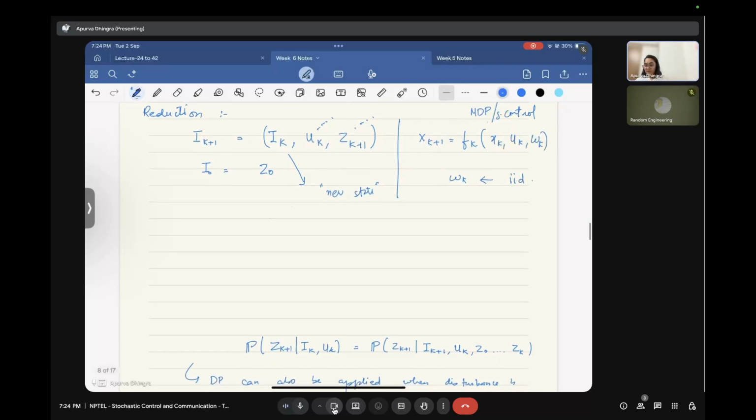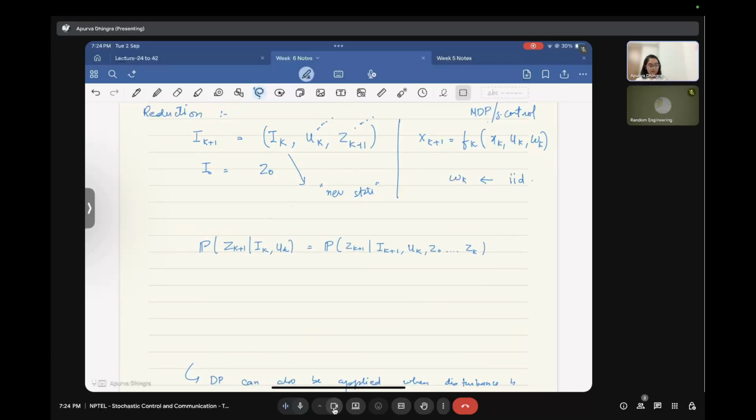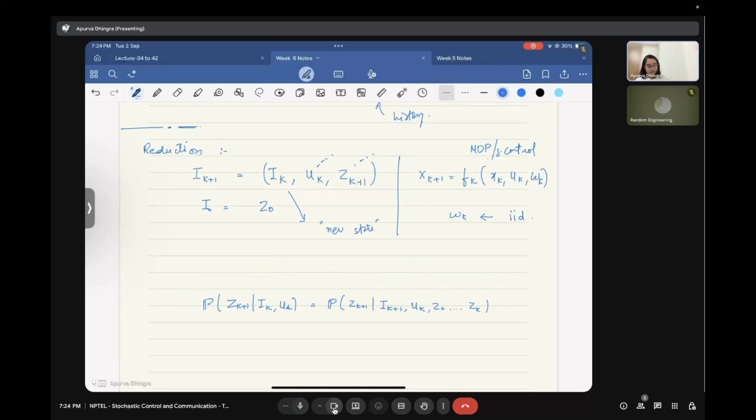Now what happens here is, these z's have dependencies. The dependencies are as follows. zk plus 1 is an observation made at time k plus 1.